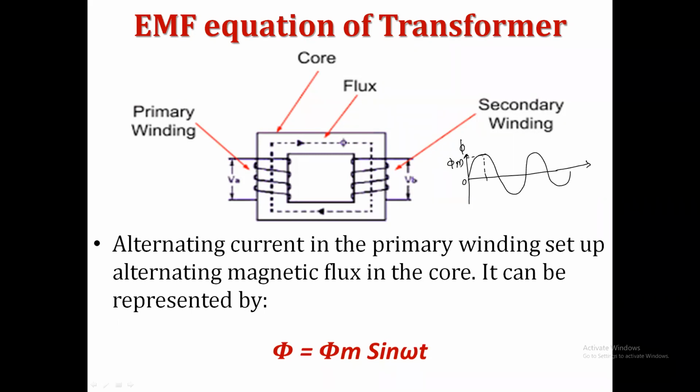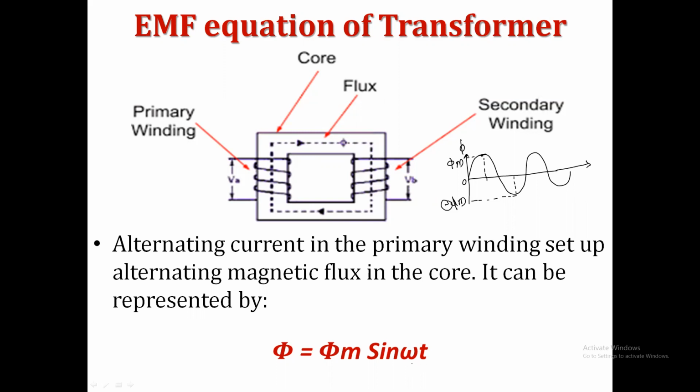From the zero value, it increases up to its maximum value, then it decreases, then it increases in the reverse direction. This is also a negative maximum value, minus phi m. The minus sign indicates that the direction is opposite. Simple thing. So this is the equation for the alternating magnetic flux.